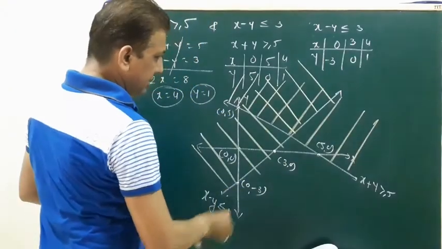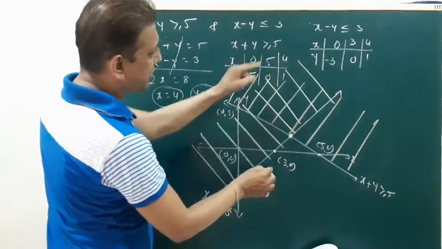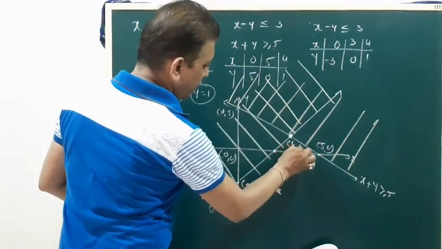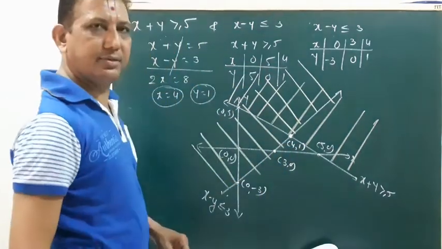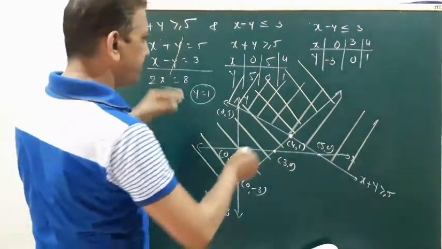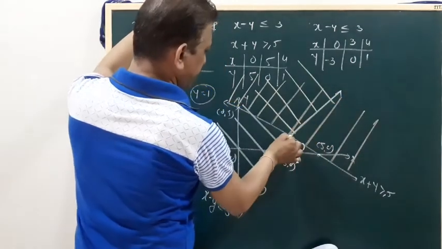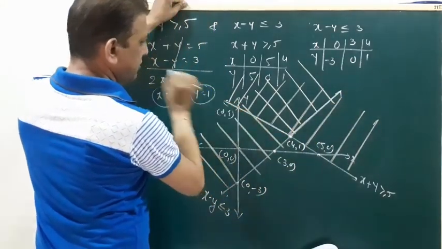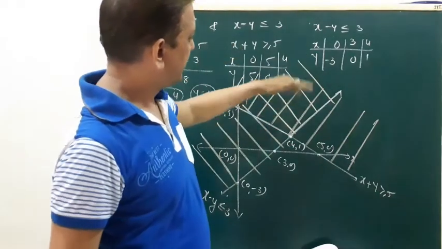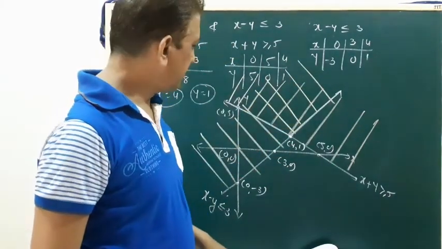Okay, and these two lines intersect at this point, and the intersection point we have already found, 4, 1, right? So which is the common portion? This one. Look here, this is your common portion. Both colors of chalk we draw here, right?